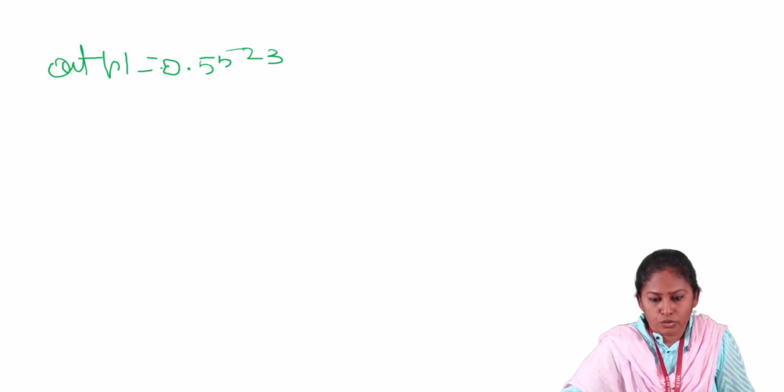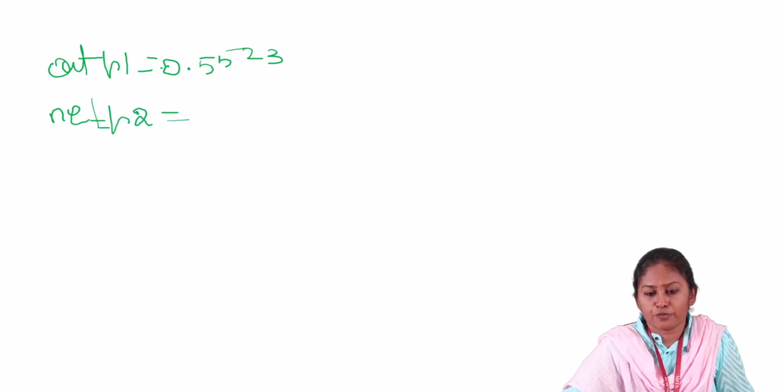Okay. So next, starting with net H2, that is the input processed from X1, X2 to H2. For that again, I am depending on X1, right? So X1 star W12 plus X2 star W22.